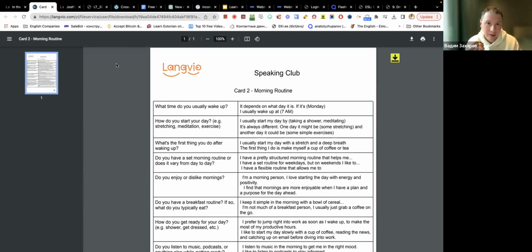I can say sleep in, it means I want to sleep more than usual. I can say set an alarm clock for 7 p.m. I can say my alarm clock goes off at 8 a.m. usually. Sometimes I hit the snooze button because I just want to sleep longer. All those phrases I need to get somewhere, right?